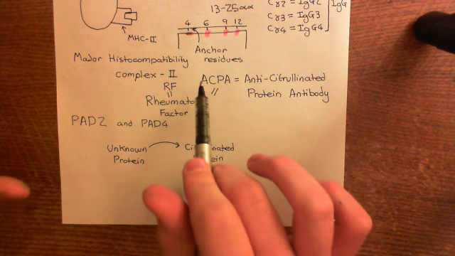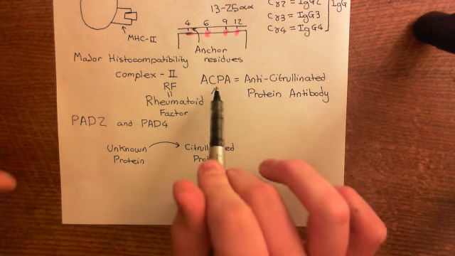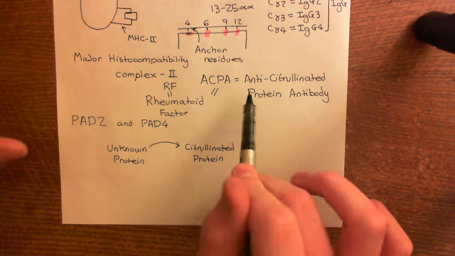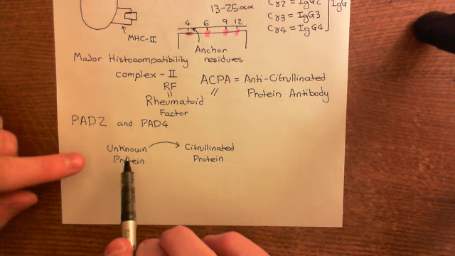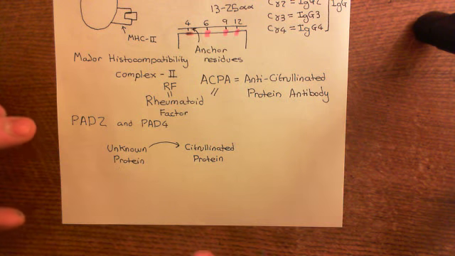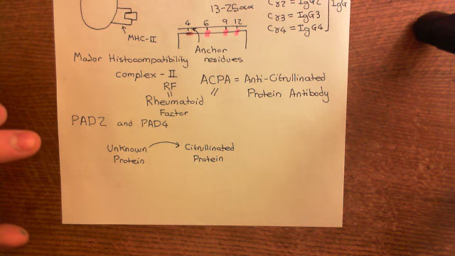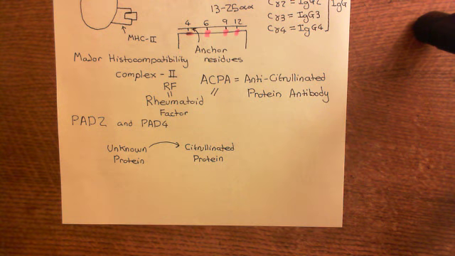So, one of the antibodies that you produce must be against some unknown protein that we don't know yet, which is within the synovial joints. And these two enzymes, peptidyl arginine deaminase 2 and peptidyl arginine deaminase 4, are responsible for converting this into its citrullinated form. And then you've got an antibody that is present within the blood which will bind to this.